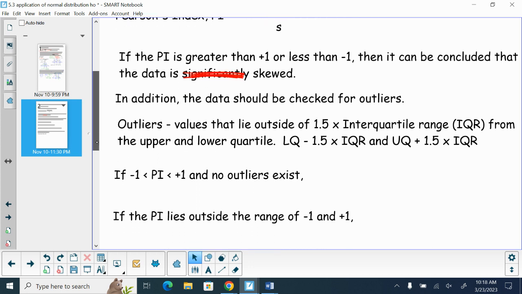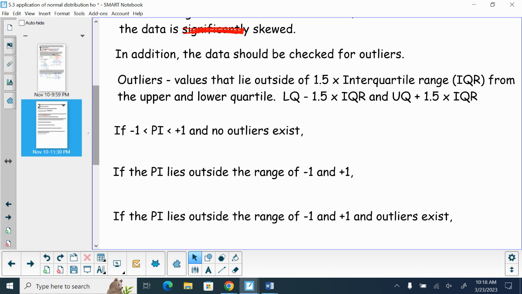Now I know this is a gauge for outliers, or a gauge for skewness.